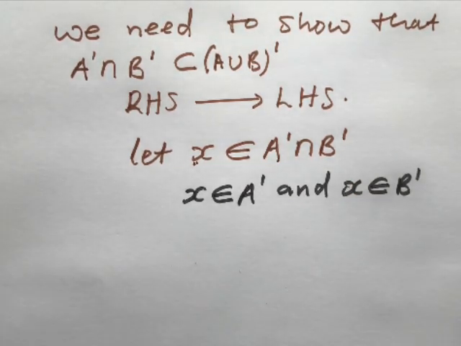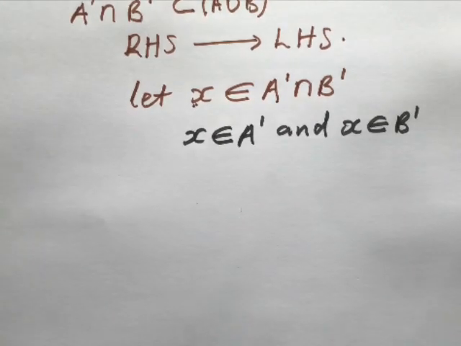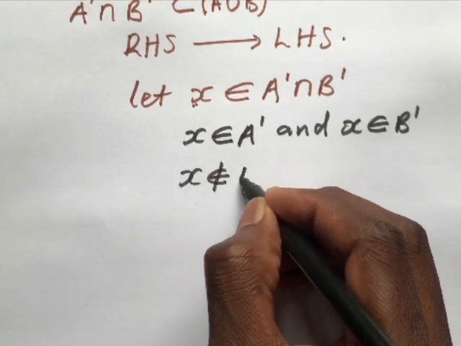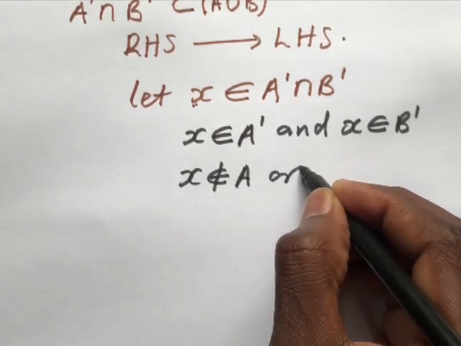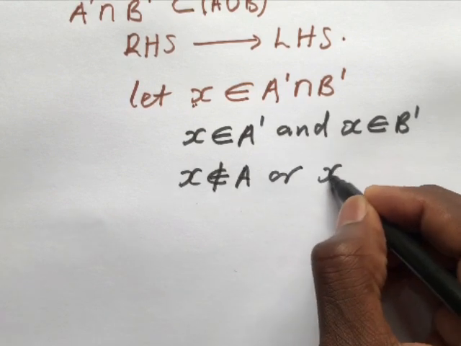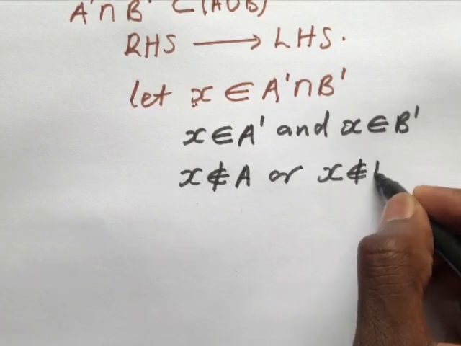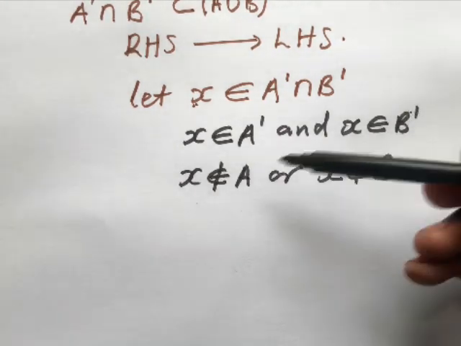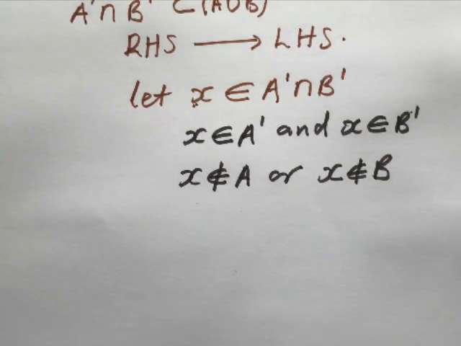If x is a member of A complement and B complement, meaning that x can't be a member of A, or it can't be a member of B. Why? Because it is already located in either this or that.